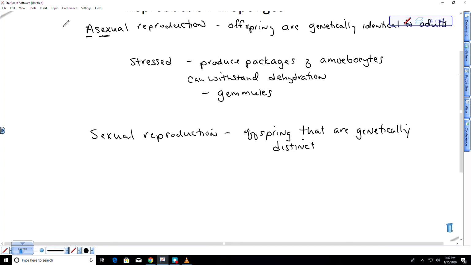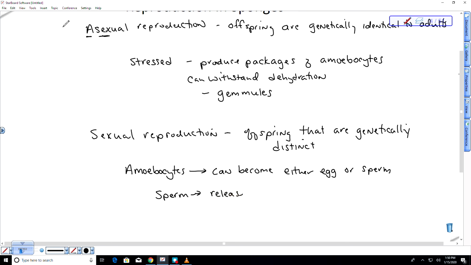So interestingly, the amoebocytes can turn into either egg or sperm. The sperm are released into the water, and the eggs are retained within the sponge. So the sperm are released, the eggs are retained.